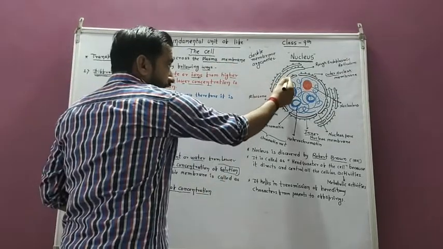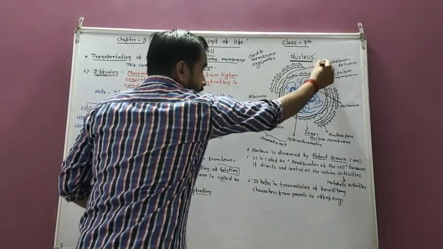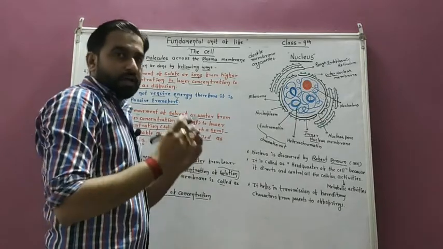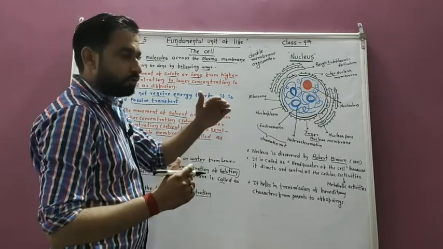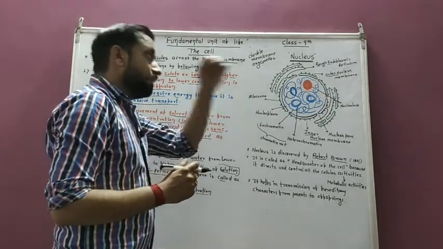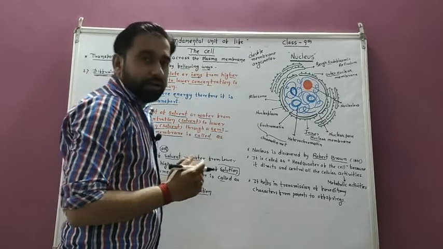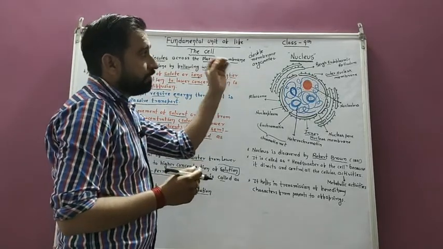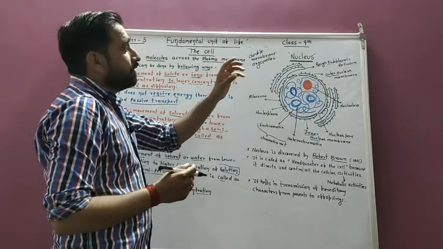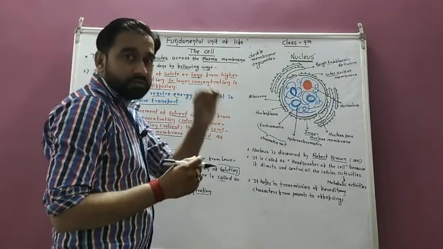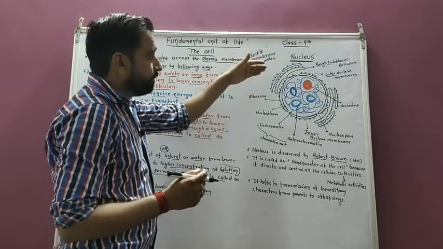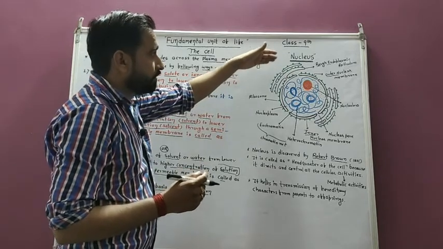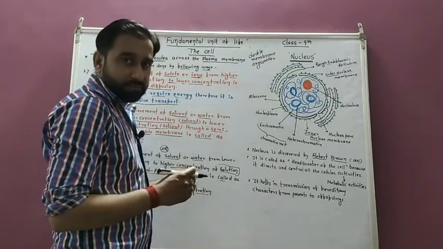The outer membrane is associated with the rough endoplasmic reticulum. Why is it called rough? Because ribosomes are present on the surface of the endoplasmic reticulum, so it is known as rough endoplasmic reticulum.